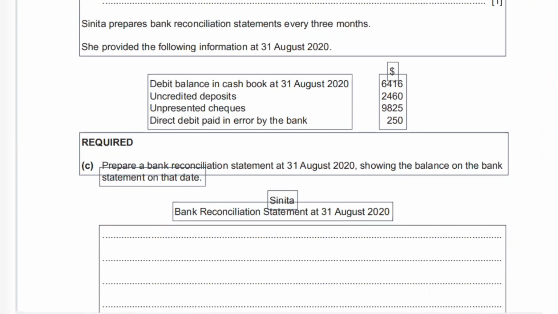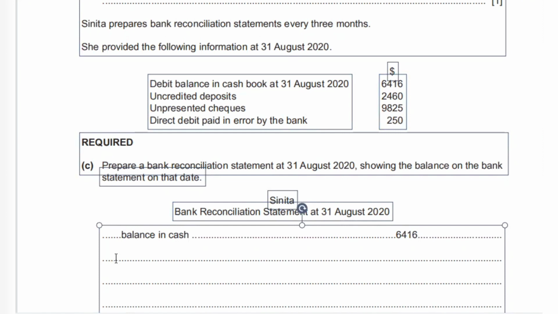So we have balance in cash, that is debit balance in cash book at 31st August 2020, 6416. That is a debit balance.